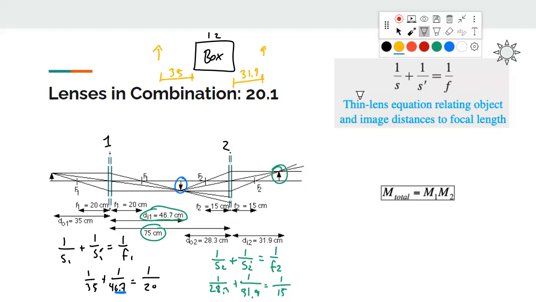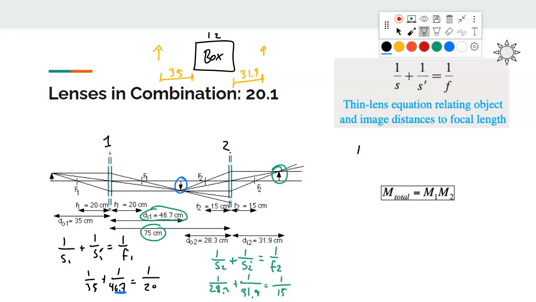Okay, so once we do the work of analyzing one of these systems, we can just think of it as a black box, right? A mystery object that takes in an object and spits out an image. And the magnification equation for something like this is quite nice. We can just multiply the magnification from the two lenses.